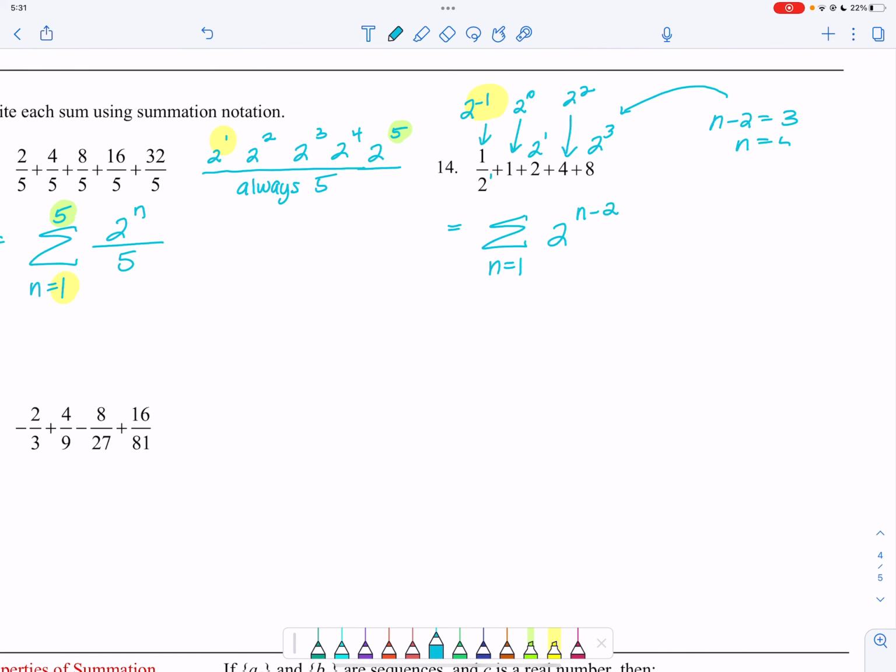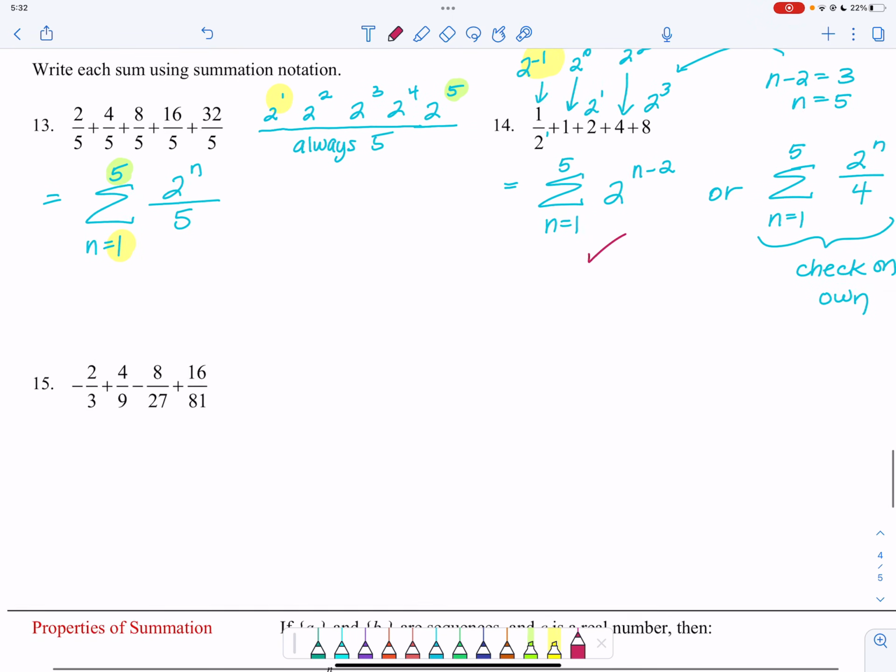So n would end at 5. Now, you could also write it with n equal to 1 beginning and going to 5, and you could have 2 to the n divided by 4. I'll let you check this, but this is just another way. But I do like this one here, just following along.